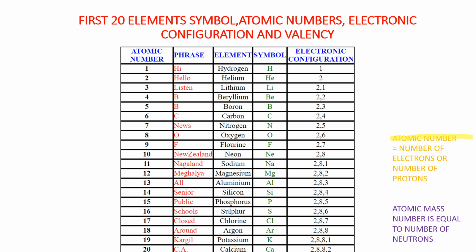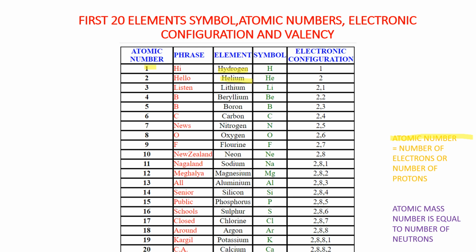For example, let us take hydrogen. Hydrogen has an atomic number of 1. Then how many electrons are present in it? It is 1 only.